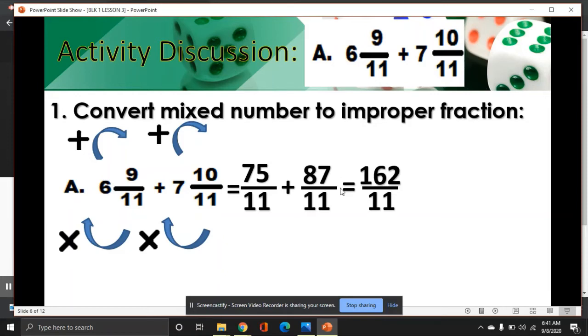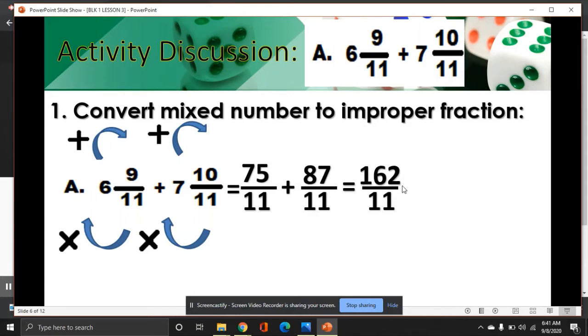No. We need to simplify this answer because the equation is in mixed numbers. We need to convert this answer into a mixed number. So how can we convert the improper fraction, 162 over 11, into a mixed number?